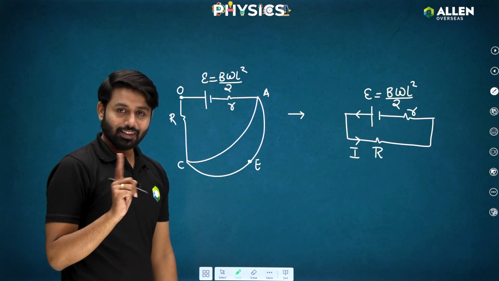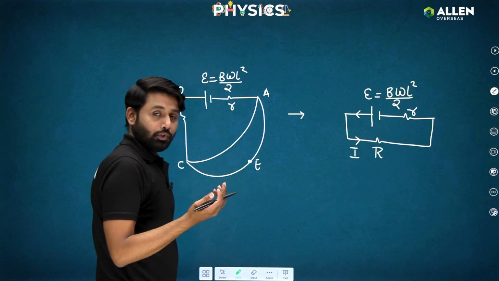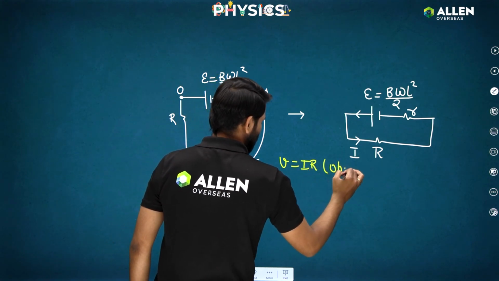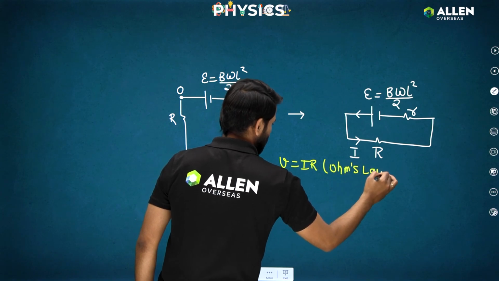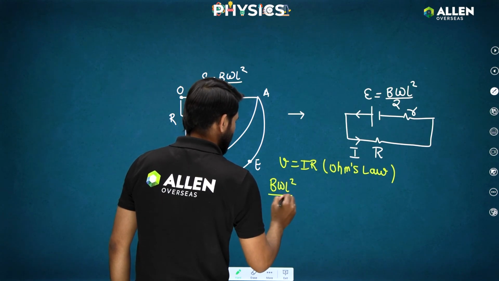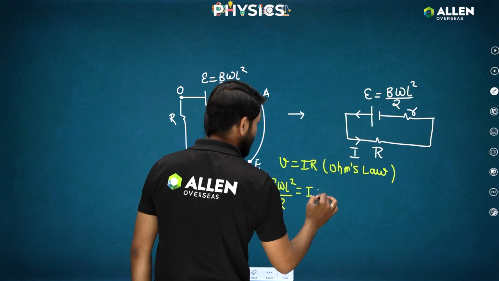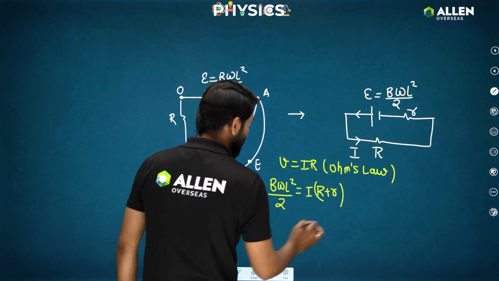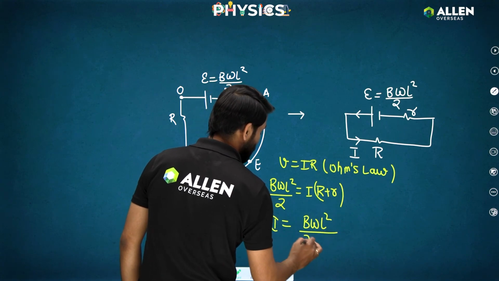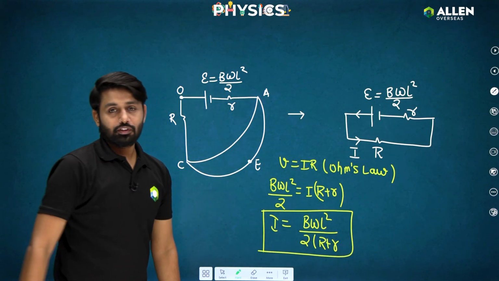We have to calculate the current. So how can you calculate current? I think you all know, according to Ohm's law, V is equal to IR, right? So V is B omega L square by 2. R is R equivalent. These two are in series, so R equivalent you can write as capital R plus small r. So your current is B omega L square by 2 into R plus small r. So this is the answer for this question.